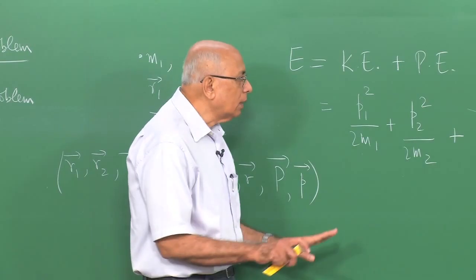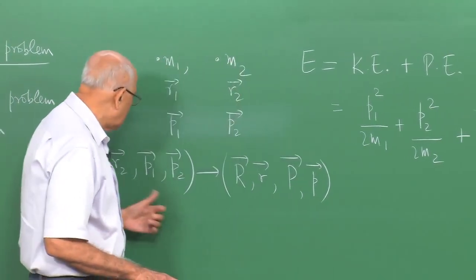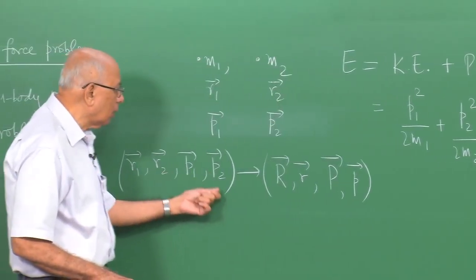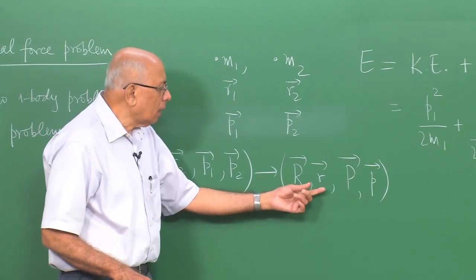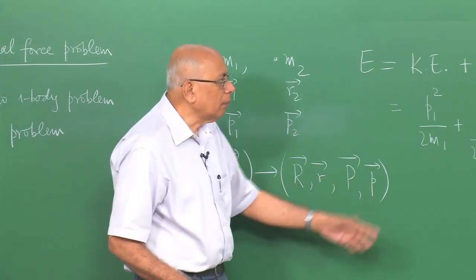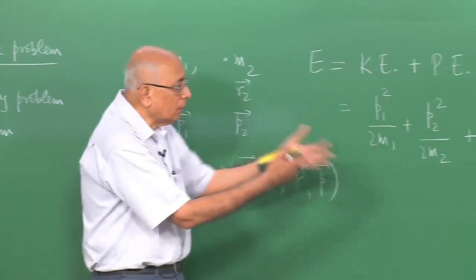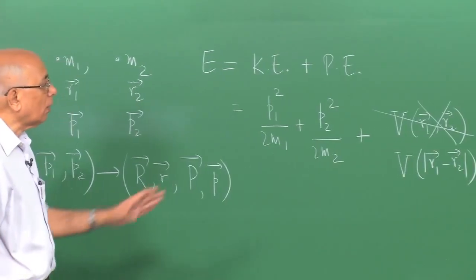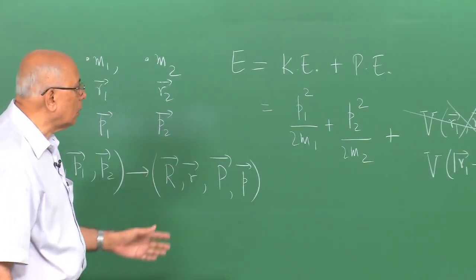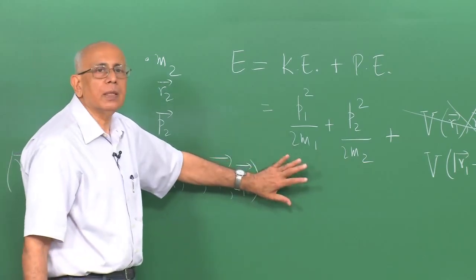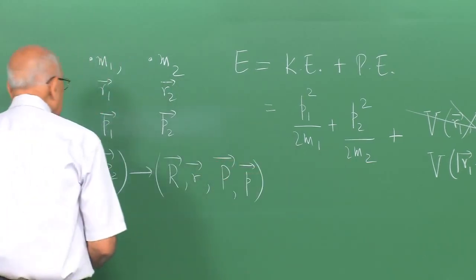So all we have done is to change from little r1, little r2, little p1, little p2 to capital R, little r, capital P, little p with linear combinations. One can invert those relations and solve for the original variables in terms of the new ones and substitute in here, and then what happens is the following.